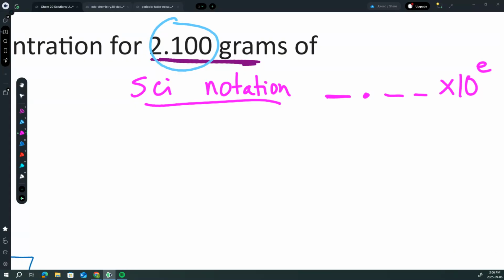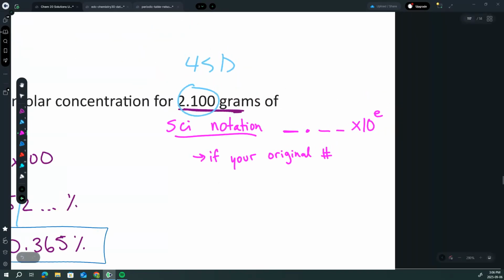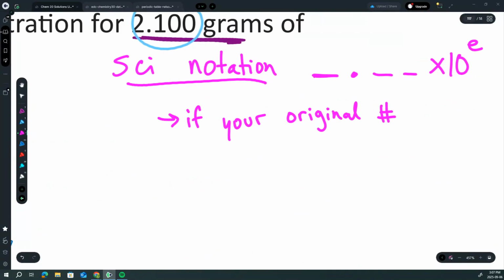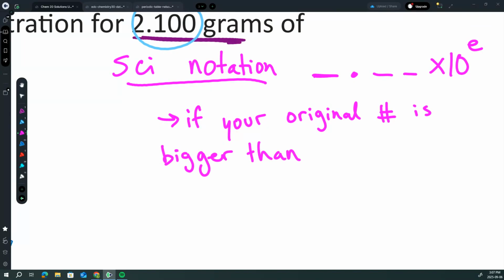Now for the exponents, if your original number, in this case our original number was this one right here, is bigger than 1, the exponent's positive.